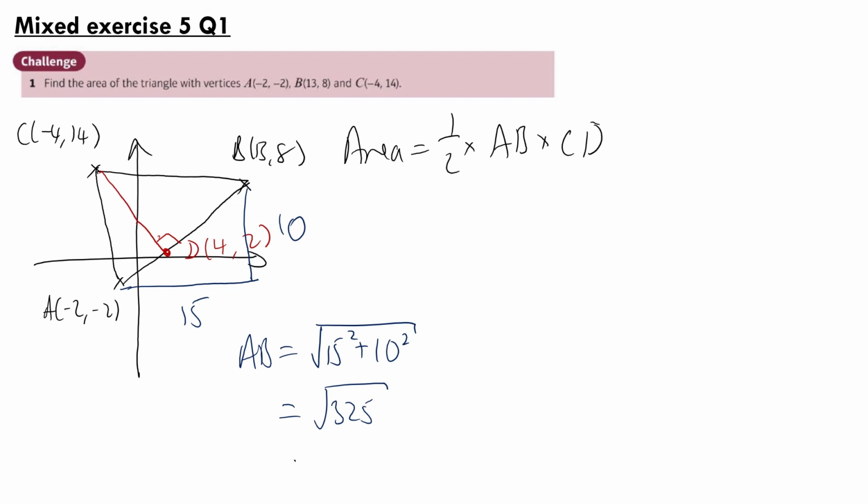And doing the same for CD. Here, the vertical side has length 14 minus 2, or 12, and the horizontal side has length 4 plus 4, which is 8. So the side CD has length the square root of 12 squared plus 8 squared, which is the square root of 208.